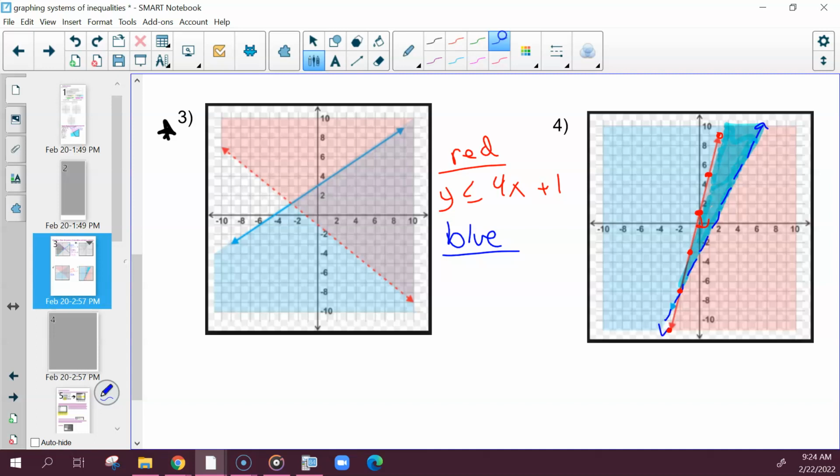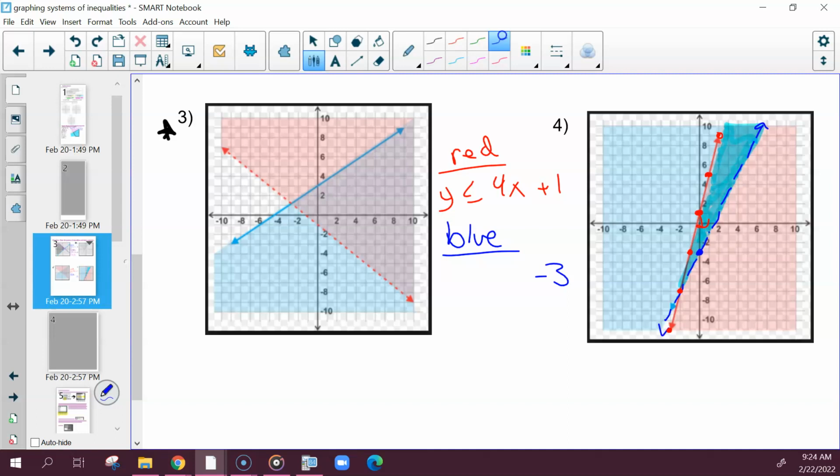For your blue line, what is your y-intercept? -3, I think that is also correct. And then your slope. Say 2, so we have a guess of 2. Let's see. Go up to the red one.